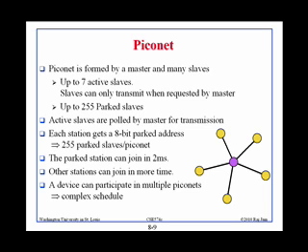All right. Each station gets an 8-bit parked address, and that's why the limit is number of parked addresses, because the address is 8-bit. And so when you join the network, you get an 8-bit number, and you say, well, you are number 15, you are number 233, and so on and so forth. So you get an 8-bit address, and then if you are parked, means you are sleeping, you can come back in 2 milliseconds.